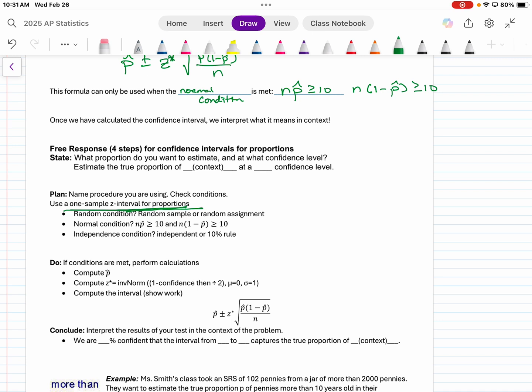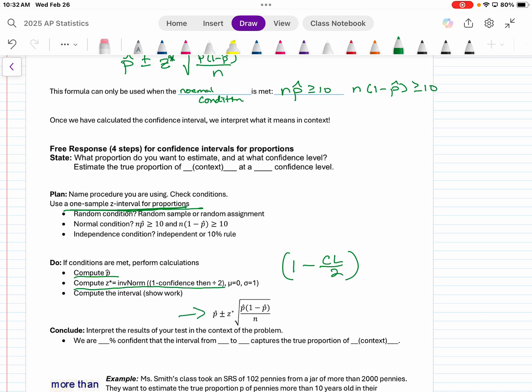In the do stage, we say if conditions are met, we perform the calculations, and we compute what p hat is. So you're going to show what p hat is, then indicate how you got your z star. And again, they had 1 minus the confidence level divided by 2. This one is set up using just the left-hand portion, like that negative 2.5 or the 2.5 area.